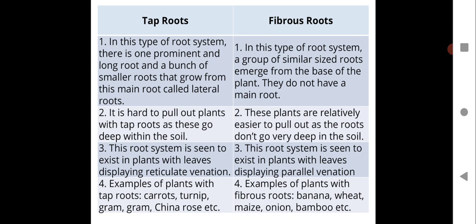So all the examples which you have listed for parallel venation, the leaves showing parallel venation will show fibrous roots, and the leaves which show reticulate venation will show taproots. So all the examples which you have done for reticulate venation, you can also say they have taproots. And examples which you have learned for parallel venation, you can also say that they have fibrous roots.